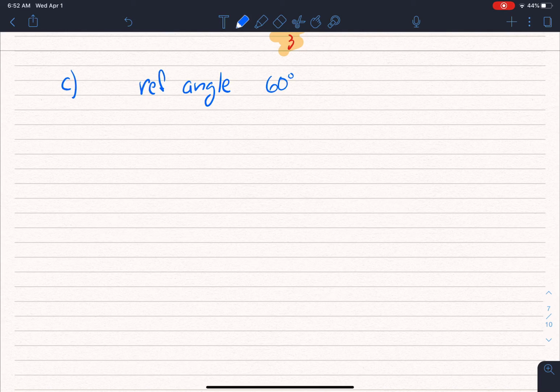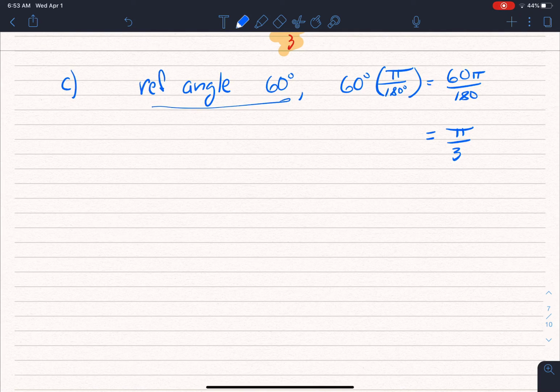But it also asks us to name it in terms of radians. So you'd go 60 degrees times pi over 180 degrees, which gives us 60 pi over 180, which reduces to pi over 3. And there you go. The reference angle in degrees is 60 degrees, and in radians it is pi over 3. That's what we're looking to do.